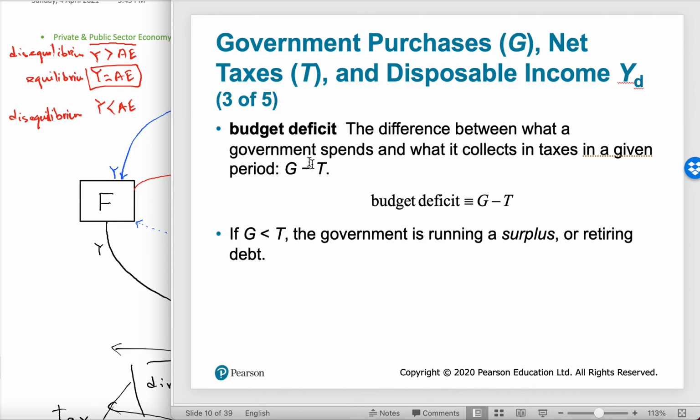The budget is income minus spending, and if it is negative it is a deficit, if it is positive it is a surplus. If you want to say budget deficit, it means that G is bigger than T, so this becomes negative, it's a deficit. And if G is smaller than T, then we are going to have a surplus.